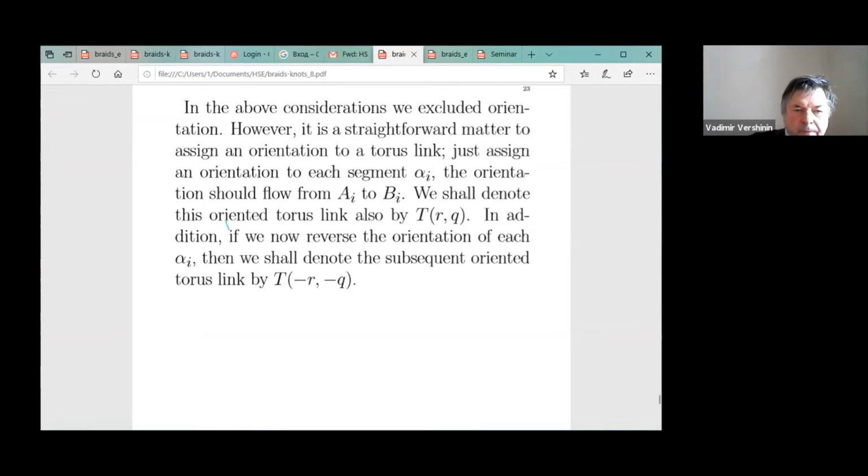So if there are no questions, we'll start with our fundamental group.